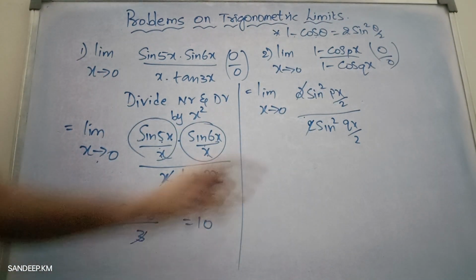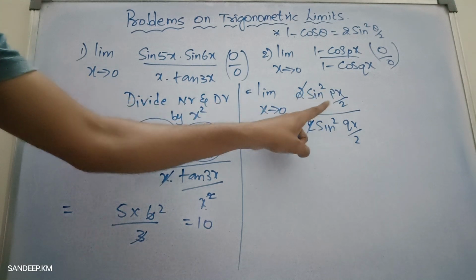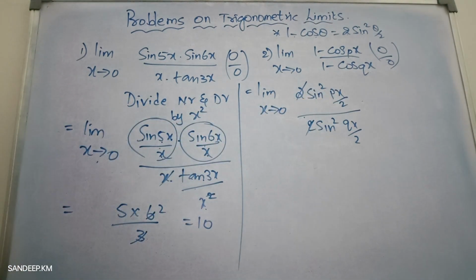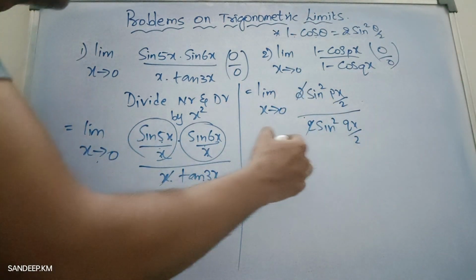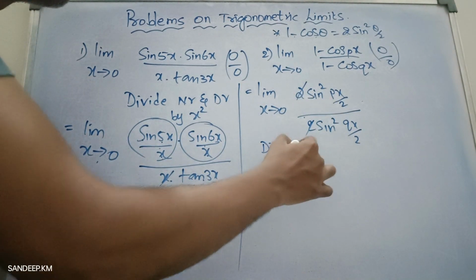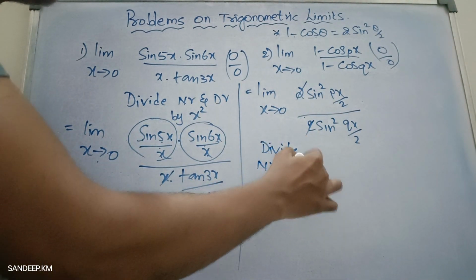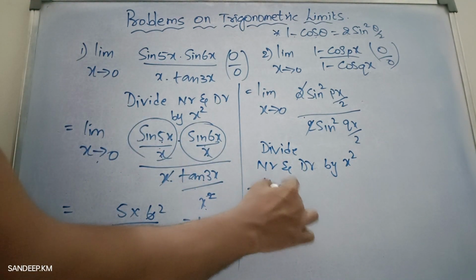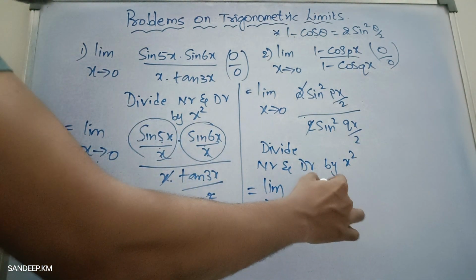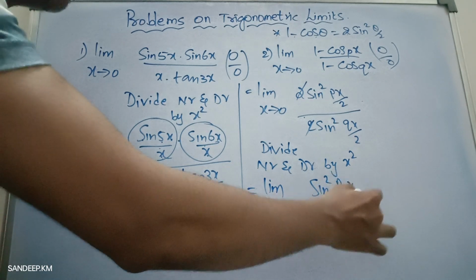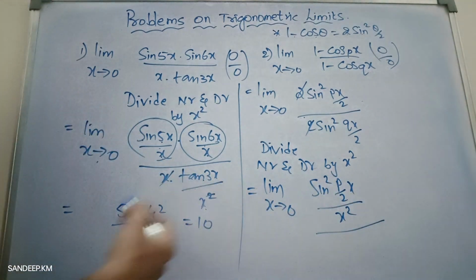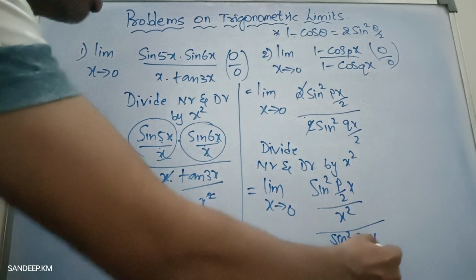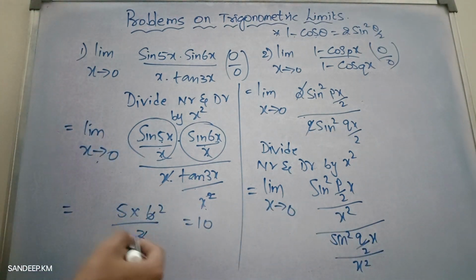And dear students, if it is sin kx, I will divide with x. If it is sin square kx, I should divide with x square. So let me divide the numerator and denominator by x square. Then what happens here? Limit x approaches 0, sin square p by 2x divided by x square, whole divided by sin square q by 2x, also divided by x square.